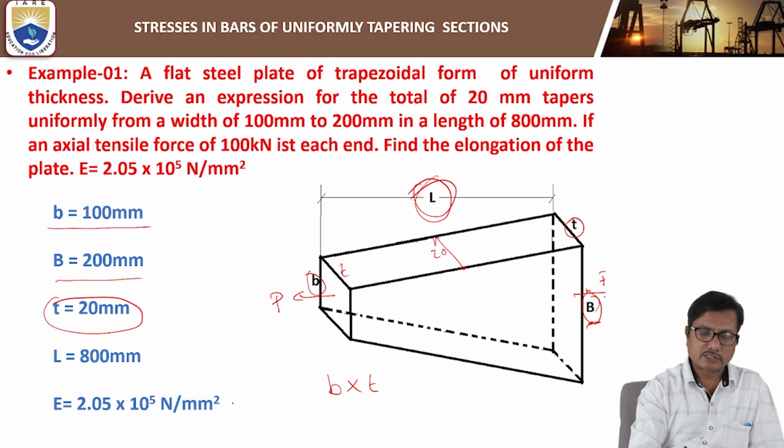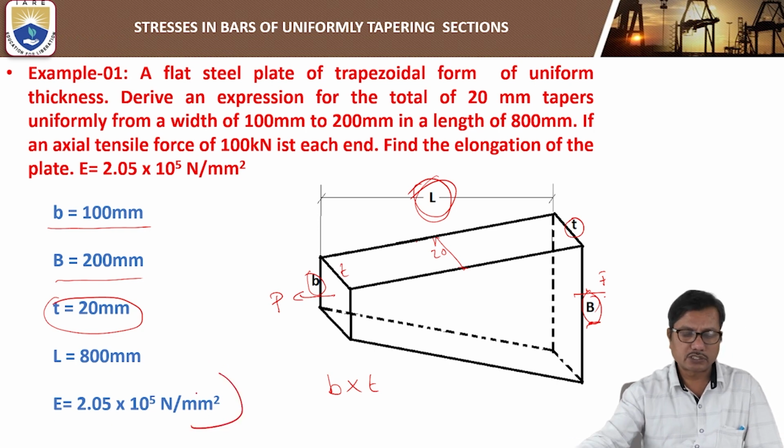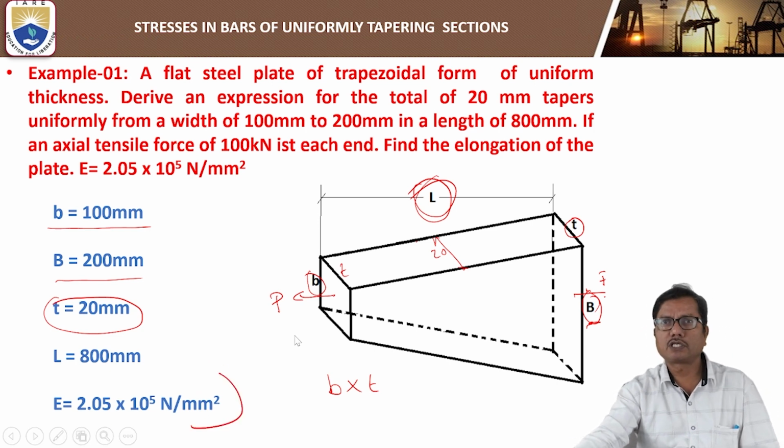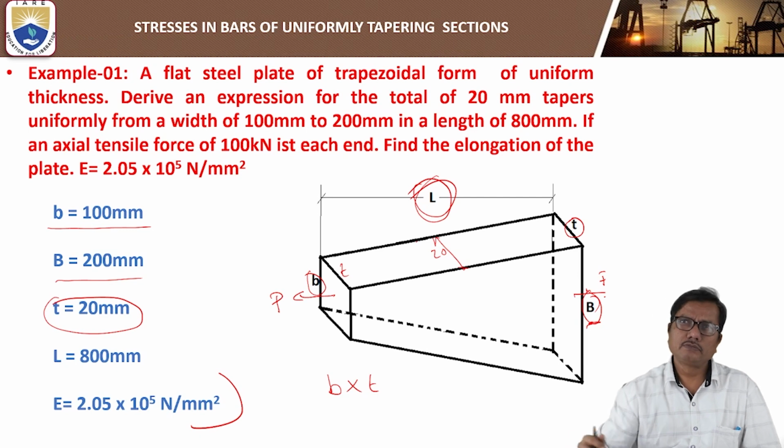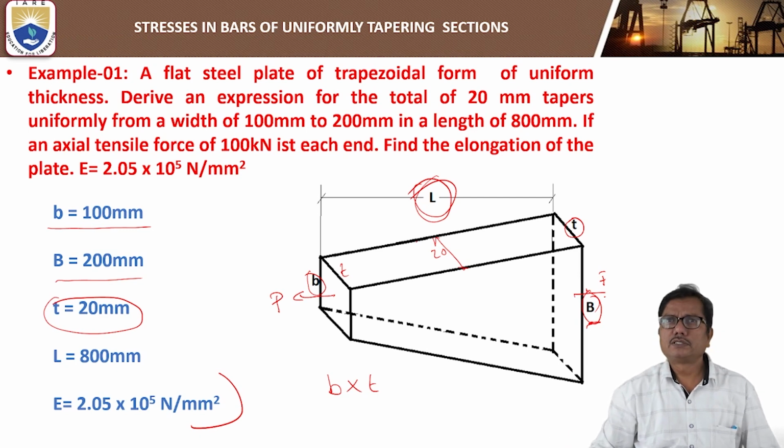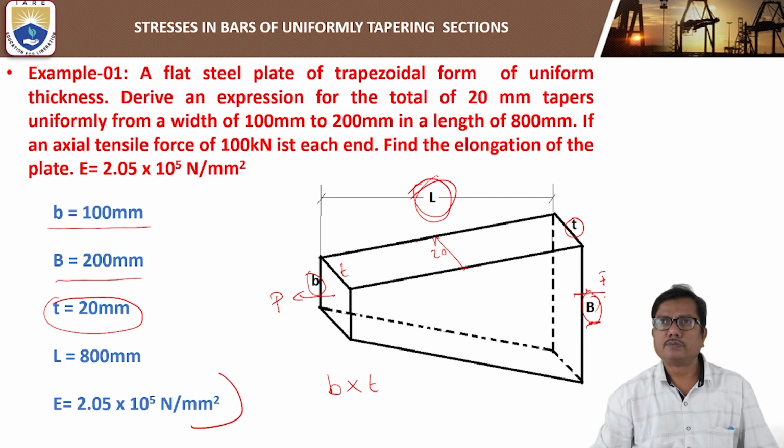Young's modulus is given as 2.05 into 10 power 5 Newton per mm square. So this is the data given in the problem.